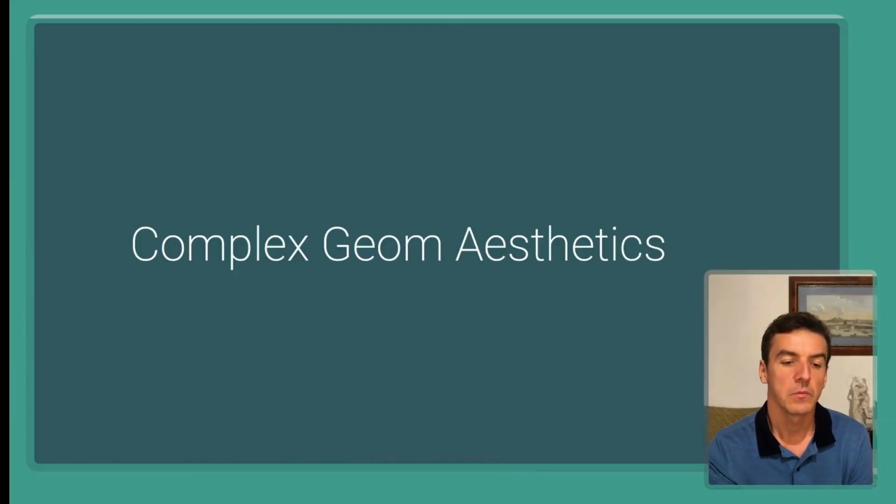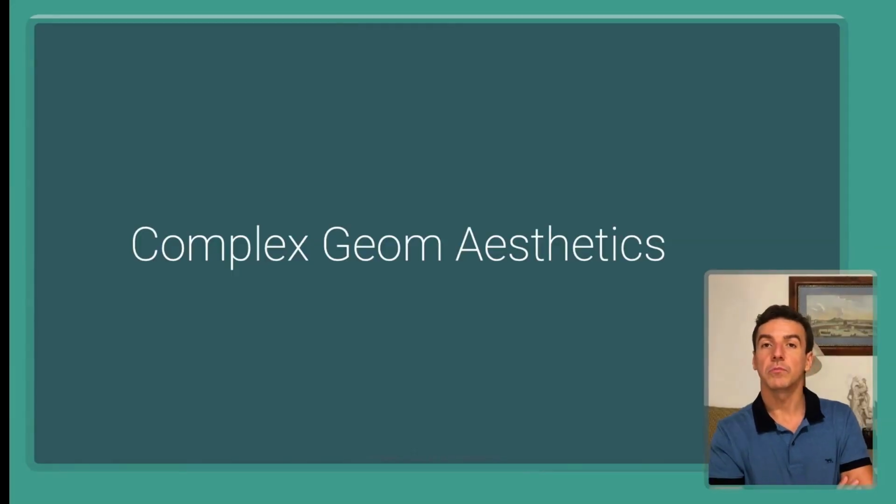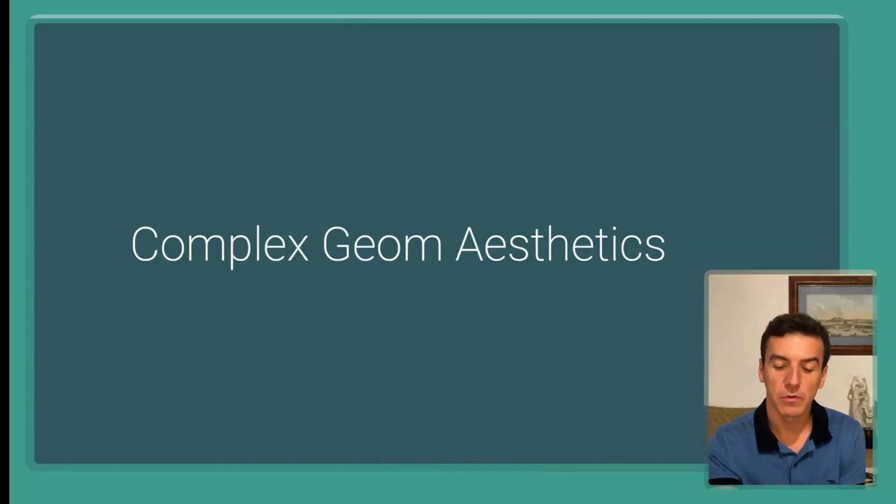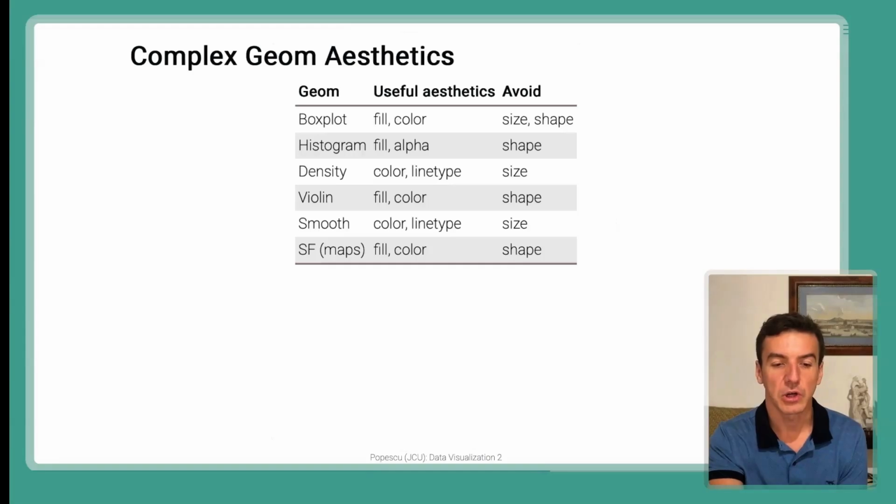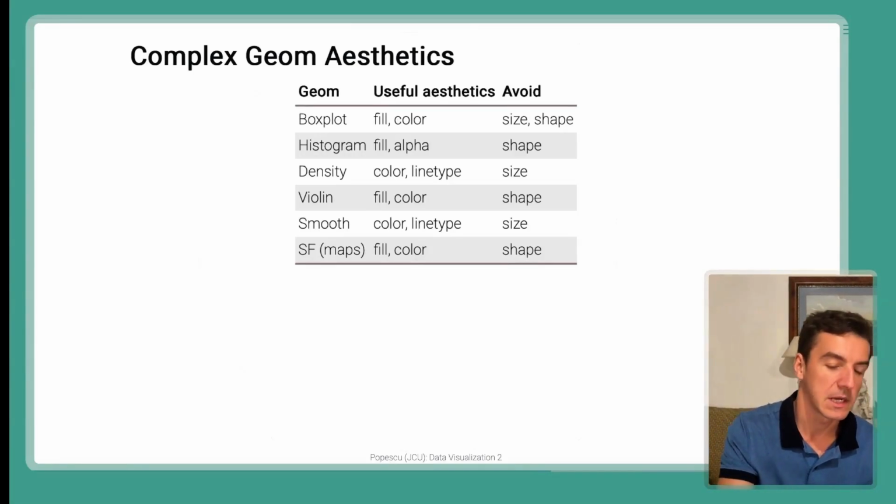Okay, moving on to complex geom aesthetics. You might remember from the first lecture that we also covered a variety of complex geoms. I'm not going to cover all of them because all of them have different types of aesthetics.